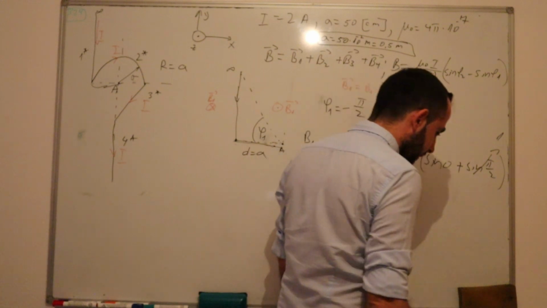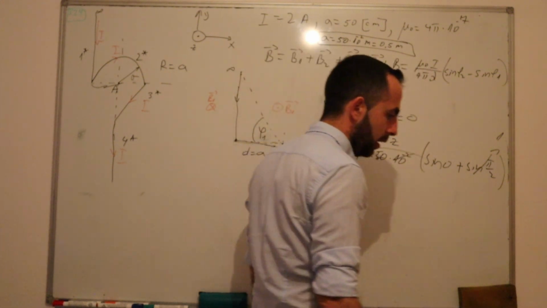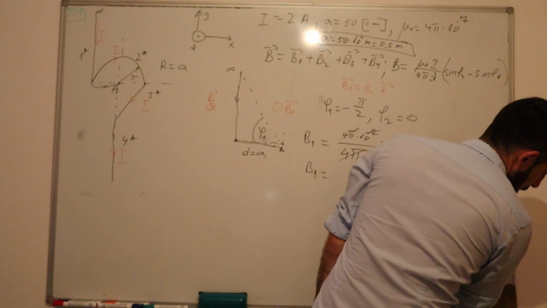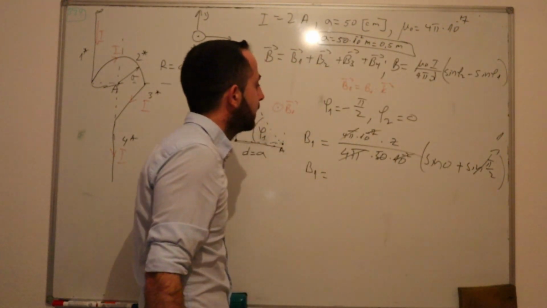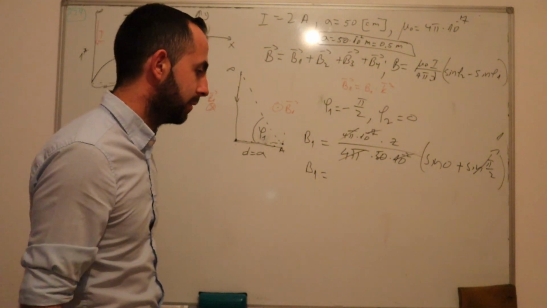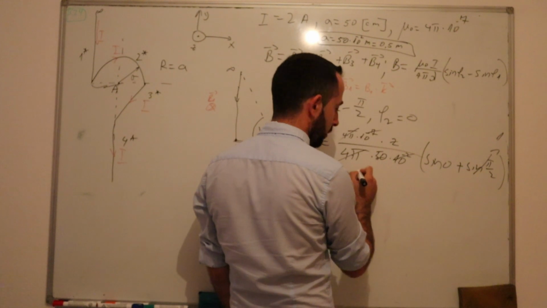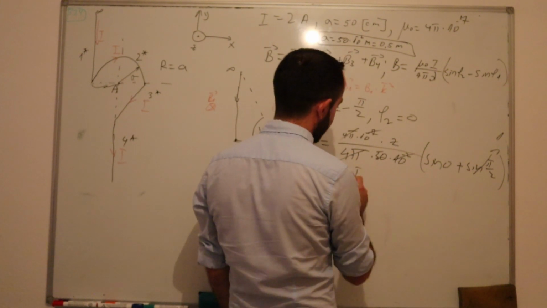So we get that our B1 is equal, let me see, did I calculate it? No. Okay, you can calculate it, but I will use the expression that we get.